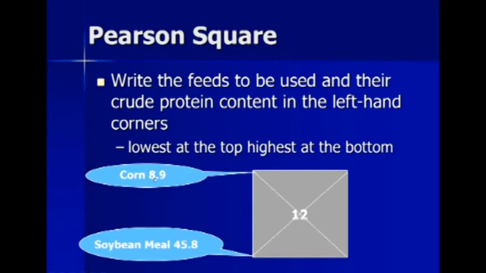So corn contains 8.9% protein, soybean meal 45.8% crude protein. So here again you will have to follow the one limitation, that one ingredient should have a protein value less than the required amount, and the other ingredient should have more protein than the required amount.